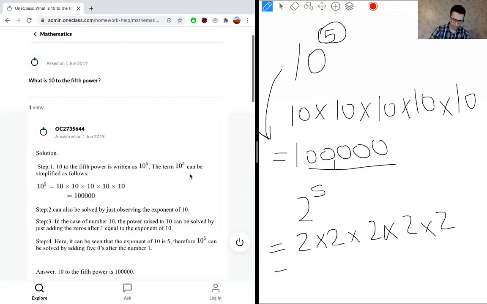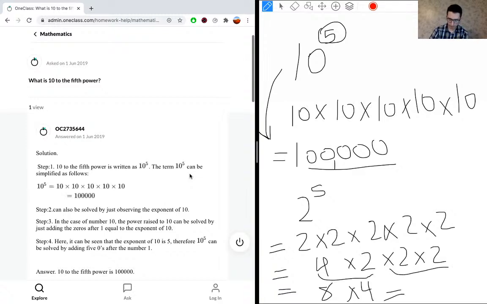So you could do this separately. 2 times 2 is 4, and then times 2 again is 8, and then the last 2 times 2 is 4. So this is 4, and this is 8. And then 8 times 4 is 32.